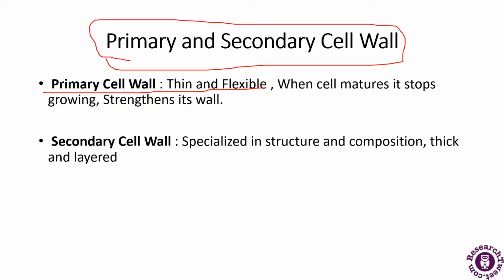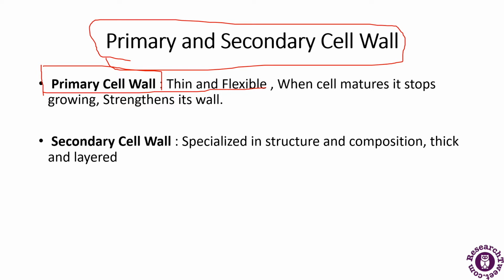It is composed of 25% cellulose, 25% hemicellulose, 35% pectins, and 1 to 8% structural protein. The primary cell wall consists of these constituents, though large deviations from these values may be found.